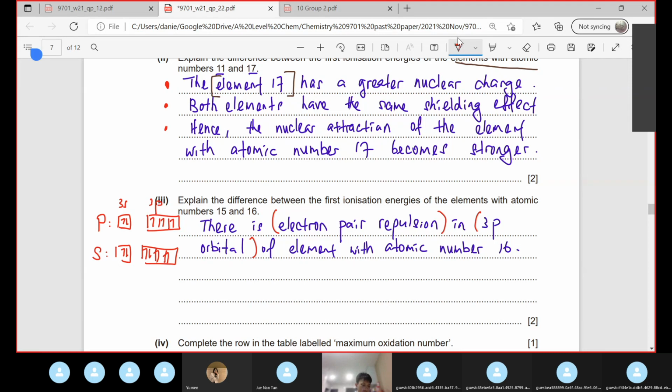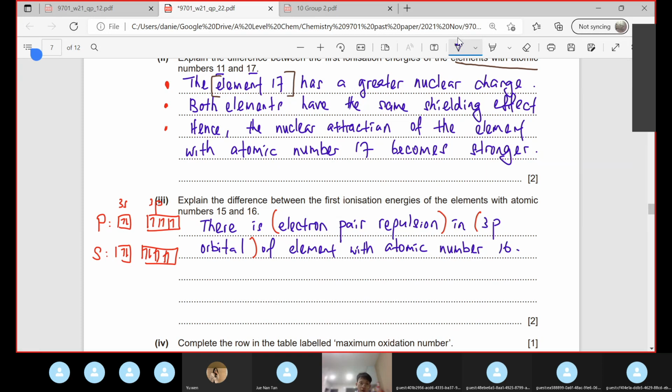However, my advice is you should explain it in more detail. So my answer here is you need to mention how the repulsion helps in the first ionization energy.